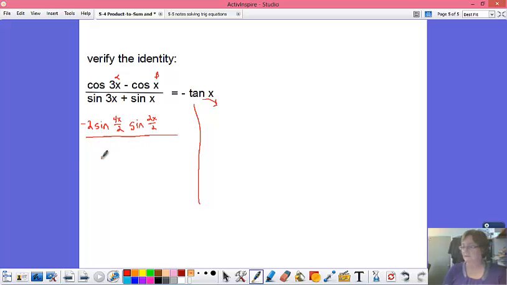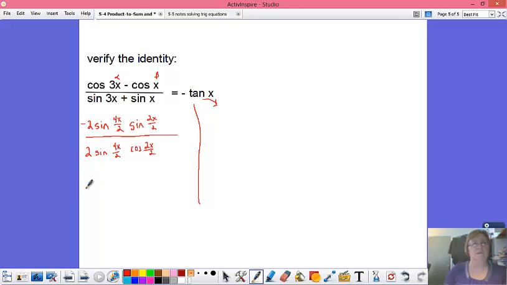On the bottom we have sine plus sine, and that goes this way, 2 times the sine of alpha plus beta over 2, so we are 4x over 2 again. Obviously we're going to simplify a little, and then it is cosine of the difference between them, so 2x over 2, and we can simplify a little bit there.